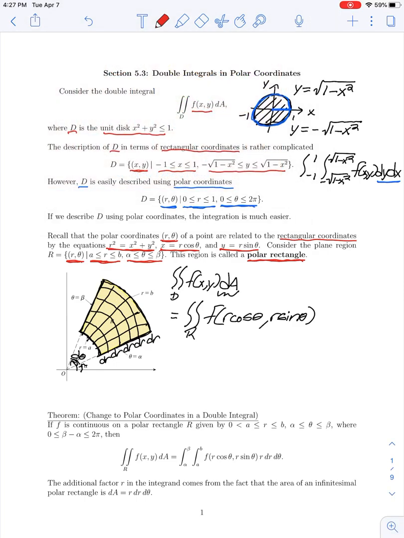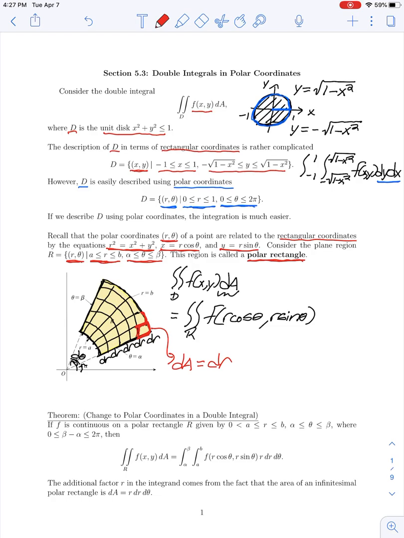If we take one of these little polar subregions out of our overall region R, the area of it, which would be a differential of the total area of our region, is given by dr, the length along one of these sides, times the length along this little sub-arc of our circle.